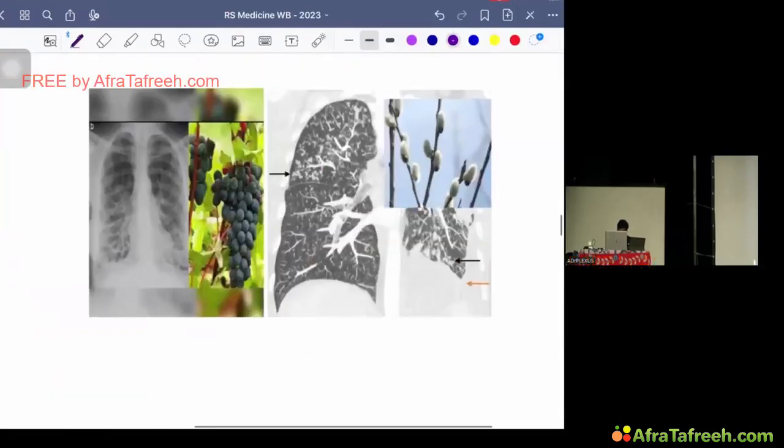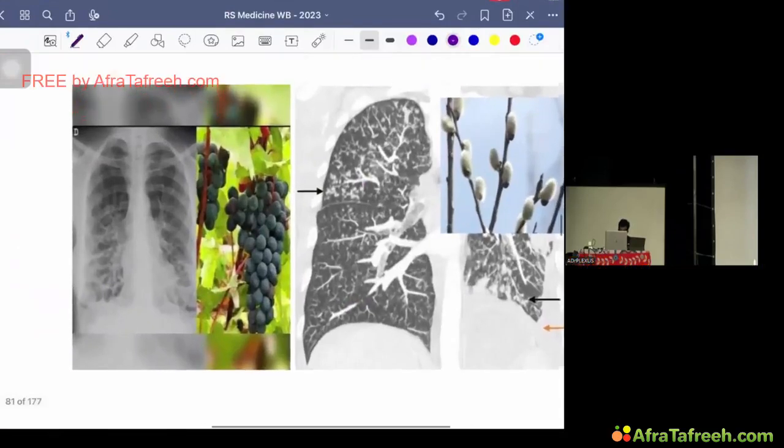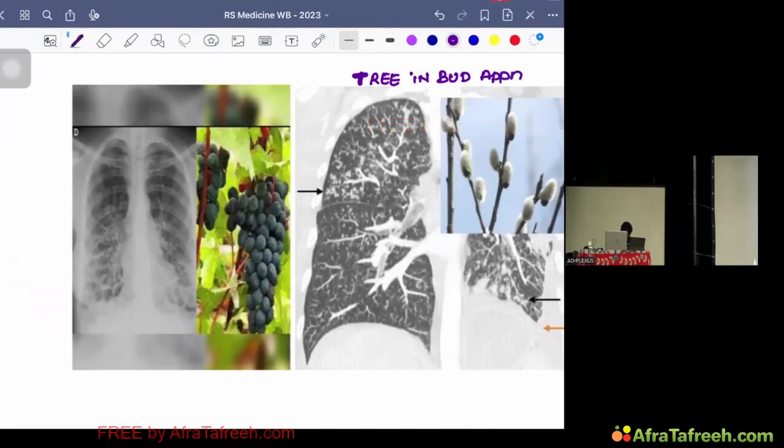And you can also get bunch of grapes appearance, tree in bud appearance, and bunch of grapes appearance.